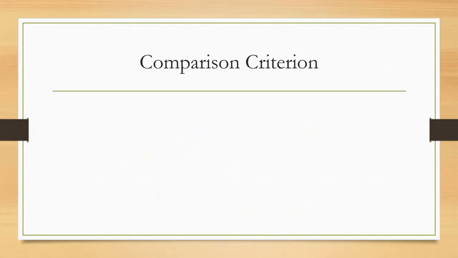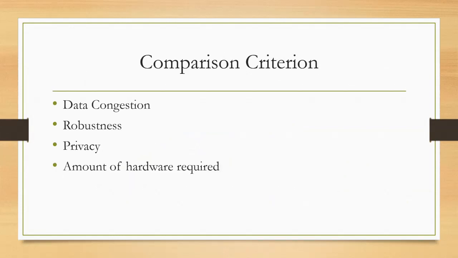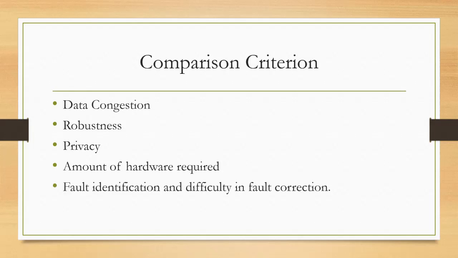Now, when we have a network topology, we need to test or measure the parameters based on the following criteria: whether there is a possibility of data congestion due to the interconnectivity pattern of the topology, whether the network is robust or not, whether it is maintaining the data privacy of the sender, then the amount of hardware required, fault identification and difficulty in fault correction.